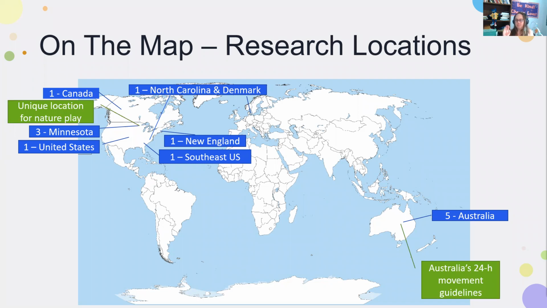With the 5 in Australia, I think one of the reasons why is because of the Australian 24-hour movement guidelines. And then I was wondering, well, why Minnesota? One of the articles stated that it was a unique location for nature play, and so they have a concentration of that in Minnesota.